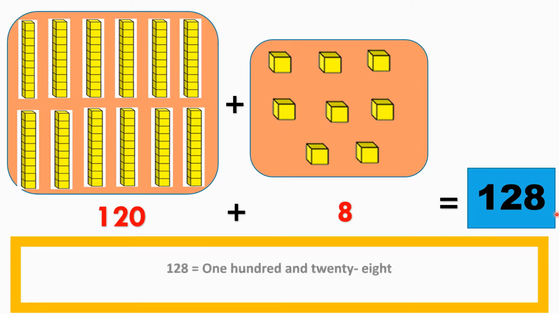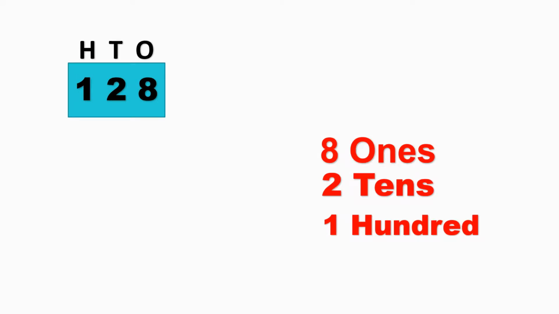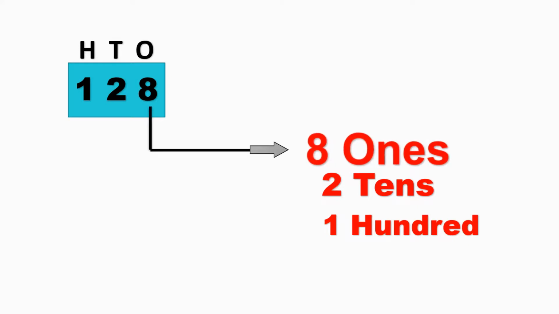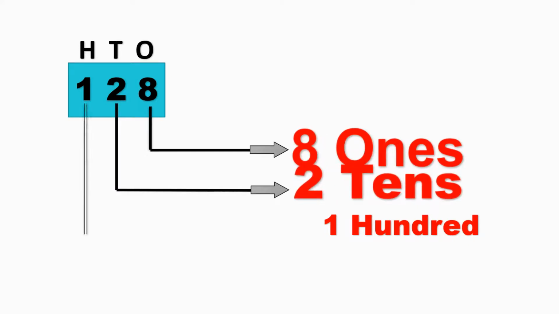ONE 1, HUNDRED 100, AND TWENTY 20, EIGHT 8, 128. 8's place value is 8 ones, 2's place value is 2 tens and 1's place value is 100.